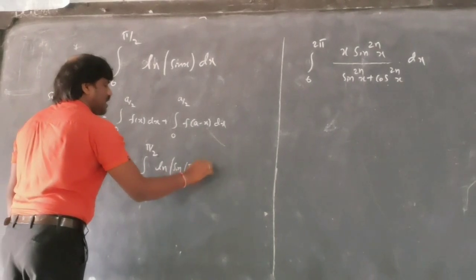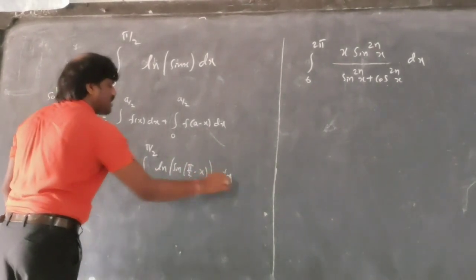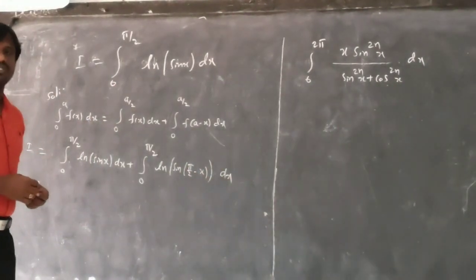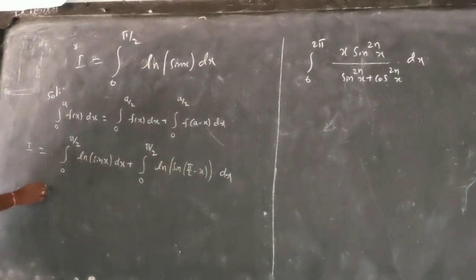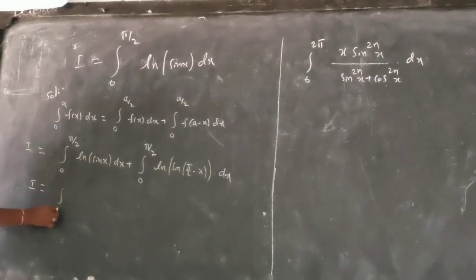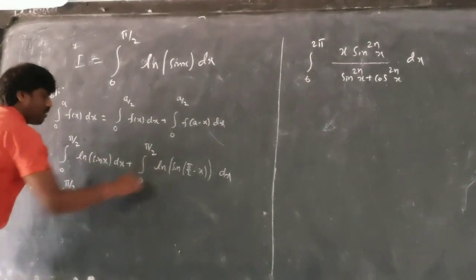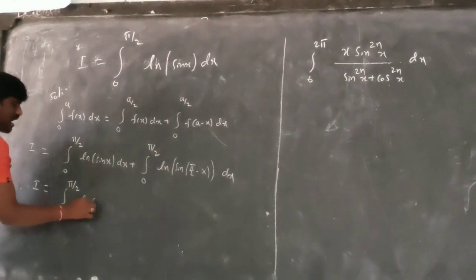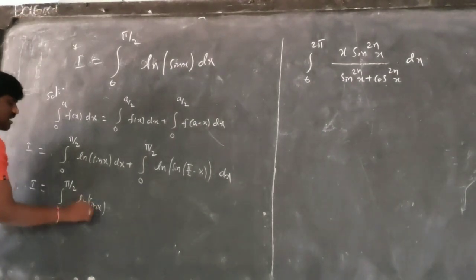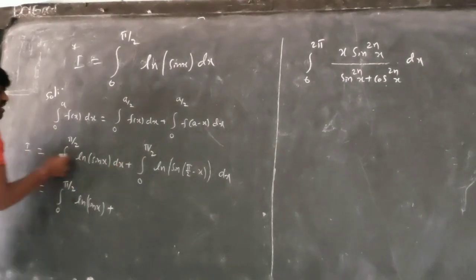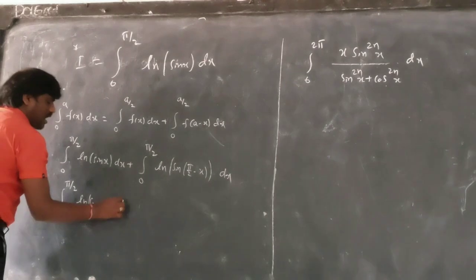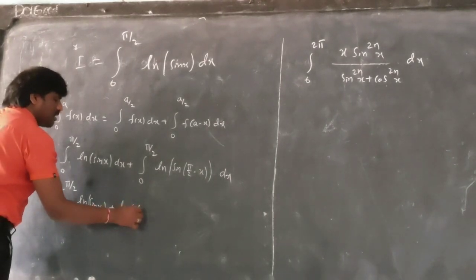That is sin(90 minus theta). What is the answer? Sin(90 minus theta) is cos theta. So I is equal to integration from 0 to pi by 2 of ln sin x plus, since both integrals are the same, ln cos x dx.